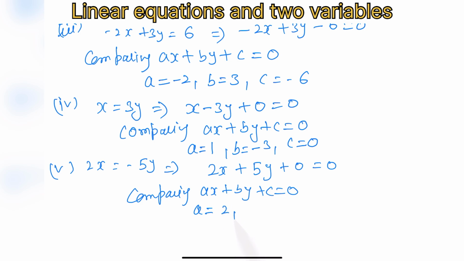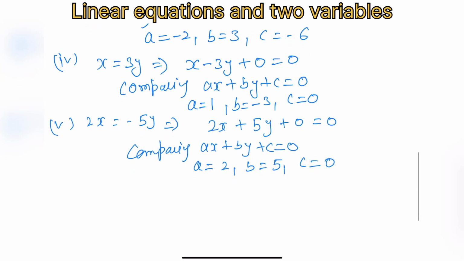So value of a is equal to 2, value of b is equal to 5 and c is equal to 0. First we have to rearrange the equation. If all the values are not on the left hand side, then we have to shift them to the left hand side so that we can compare it easily with the standard equation, that means ax plus by plus c.